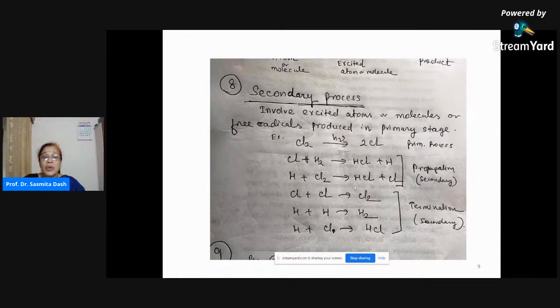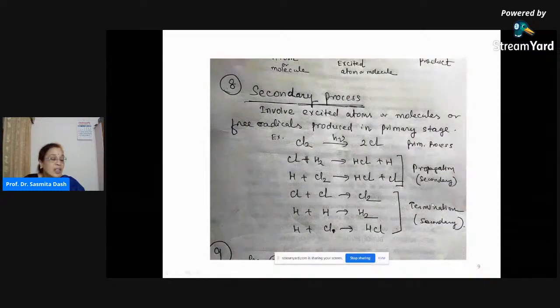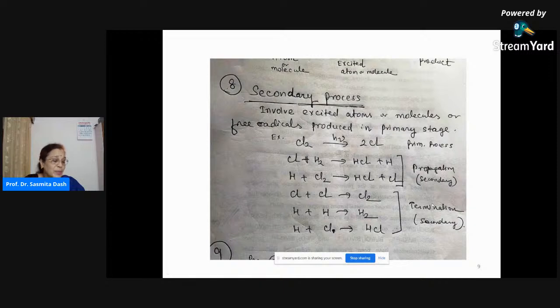And we have also the atomic hydrogens formed in the propagation stage, which unite to form molecular hydrogen, and the hydrogen and chlorine together form the molecule hydrogen chloride. So this way, all these 3 are trying to stop the reaction by the second process of the secondary process, named termination. So here the reaction stops.